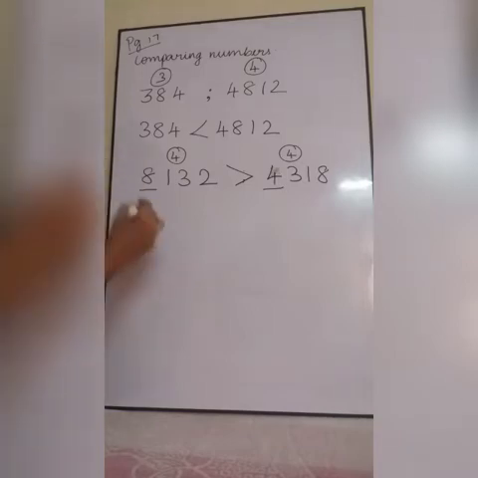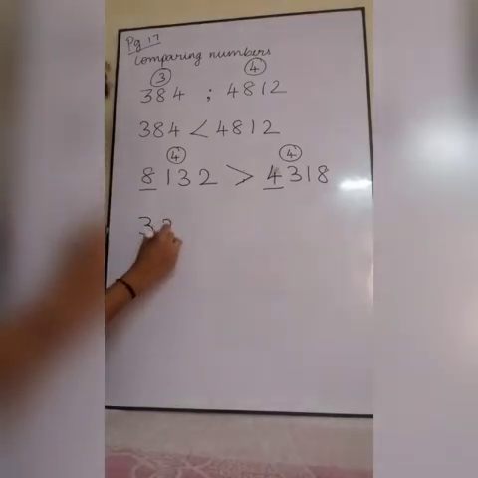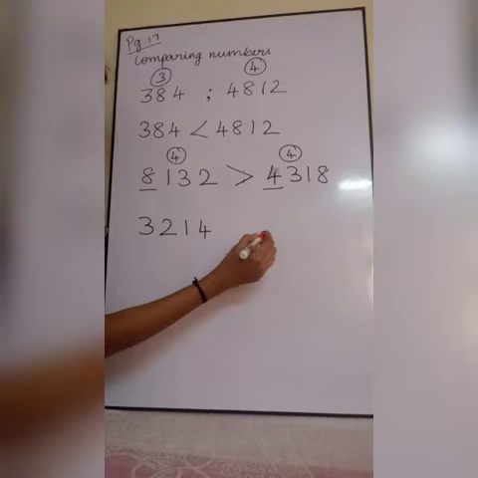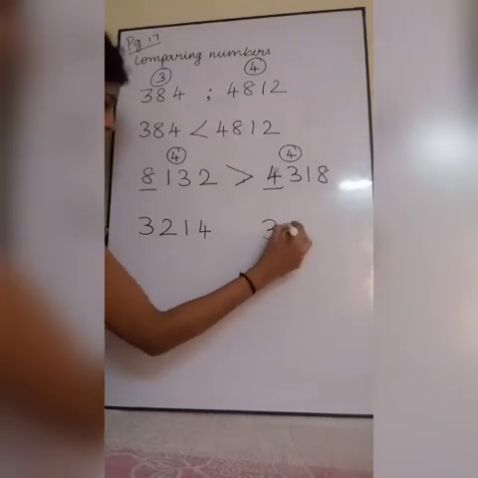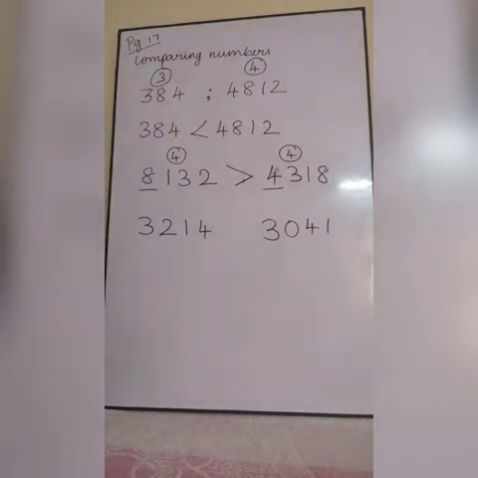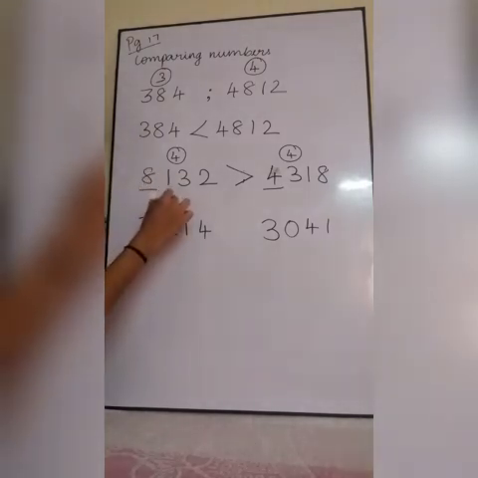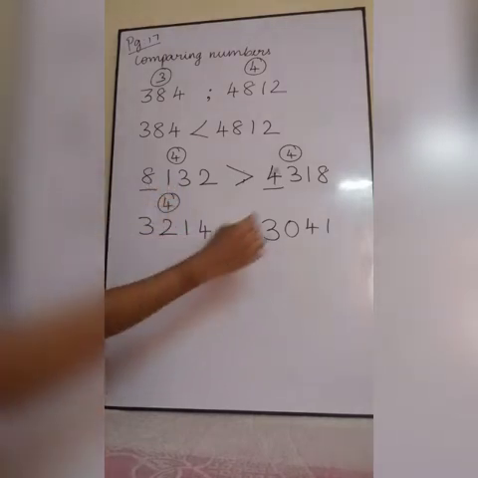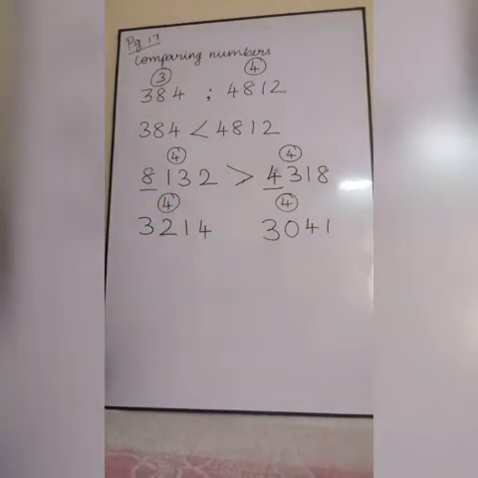Okay, next I will give you another question. Listen, here how many digits are there? 4. Here 4. So both have the same number of digits, right? So what I told you, we have to compare from the left side.